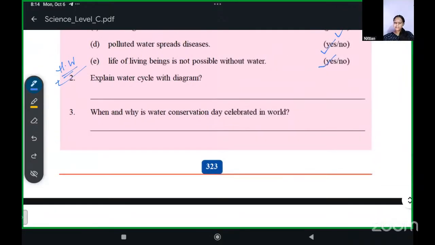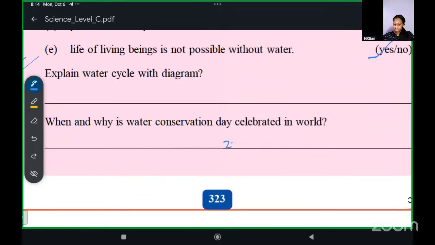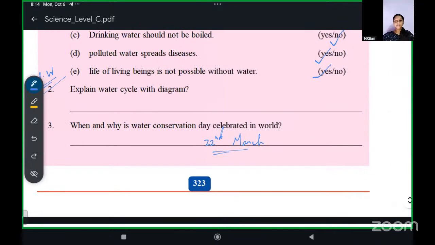It is celebrated to raise awareness about the conservation of water.